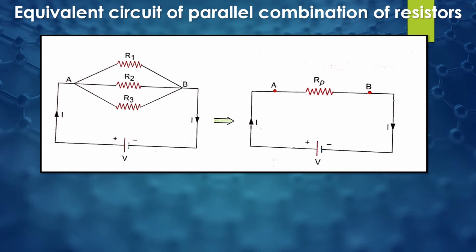We can also say 1 by Rp equals 1 by R1 plus 1 by R2 plus 1 by R3.